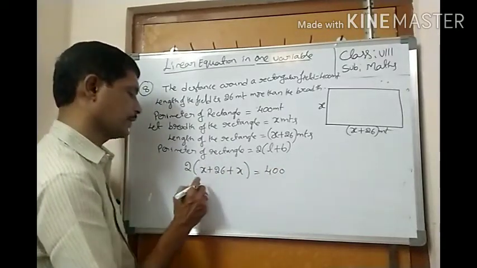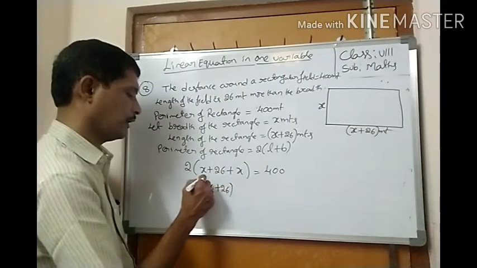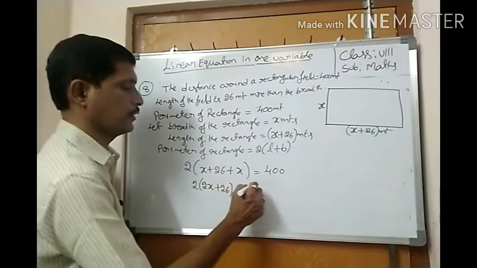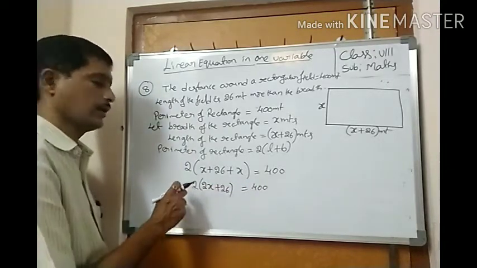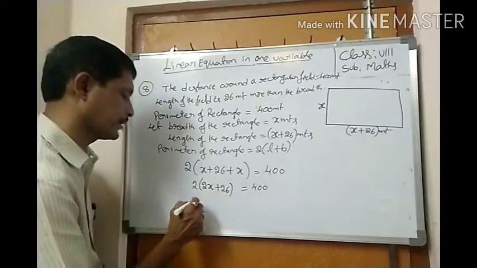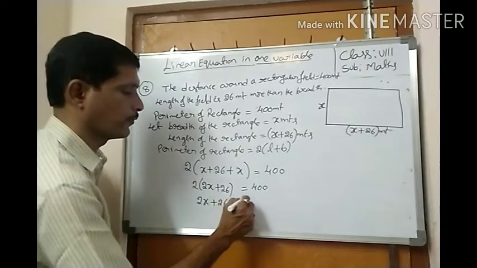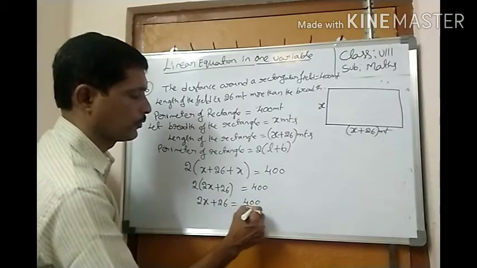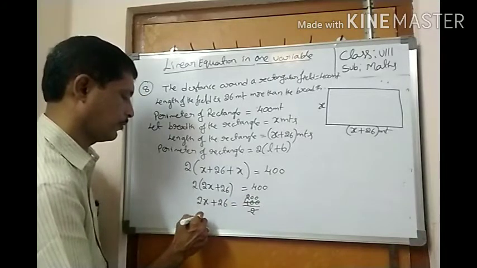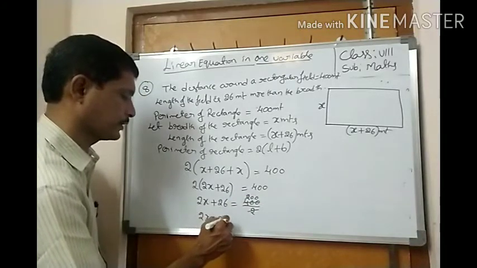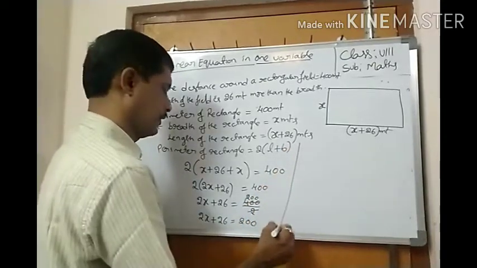Here x plus x is 2x, plus 26, into 2 equals 400. This 2 is moved to the other side, so 2x plus 26 equals 400 by 2, that is 200. Therefore 2x plus 26 equals 200.